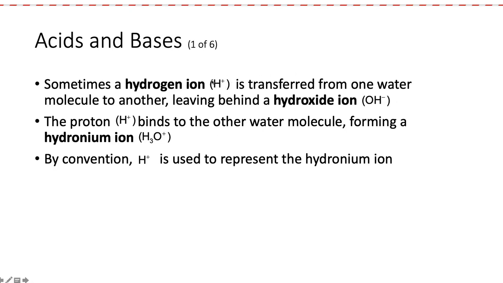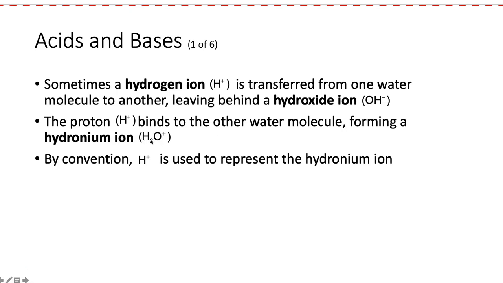Another name for a hydrogen ion that we use a lot in this class is the word proton. Remember that a proton is just one single positively charged subatomic particle. And if a proton is not matched up with its matching electron, then it's a bare proton. Sometimes those bare protons will join up with water to make something called hydronium, or H3O plus.